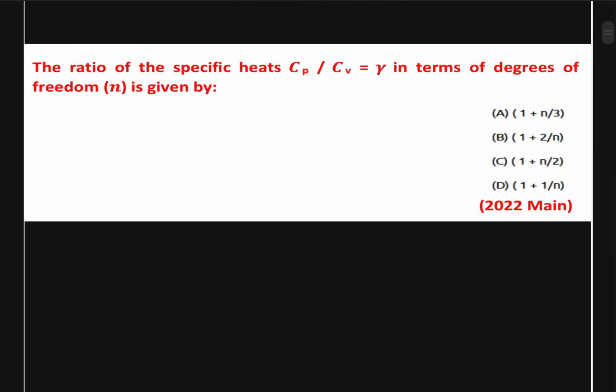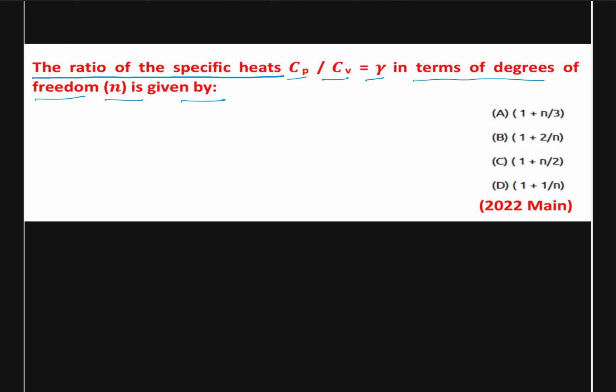Next question. It states that the ratio of the specific heats Cp to Cv, which is gamma, in terms of degree of freedom N, is given by.